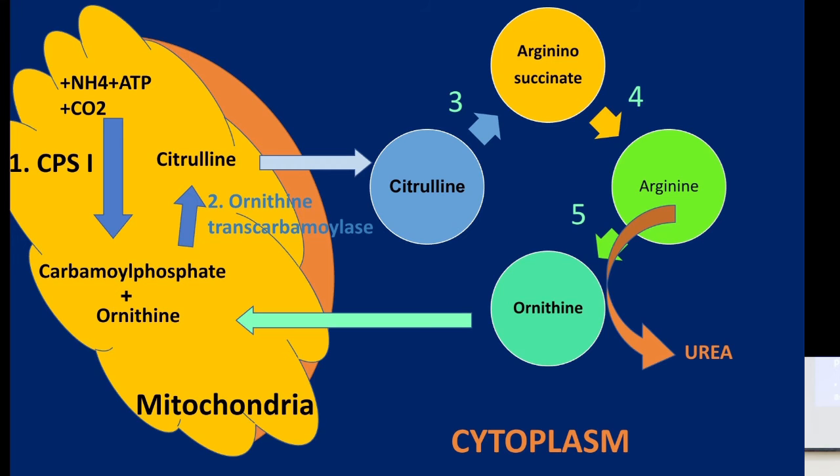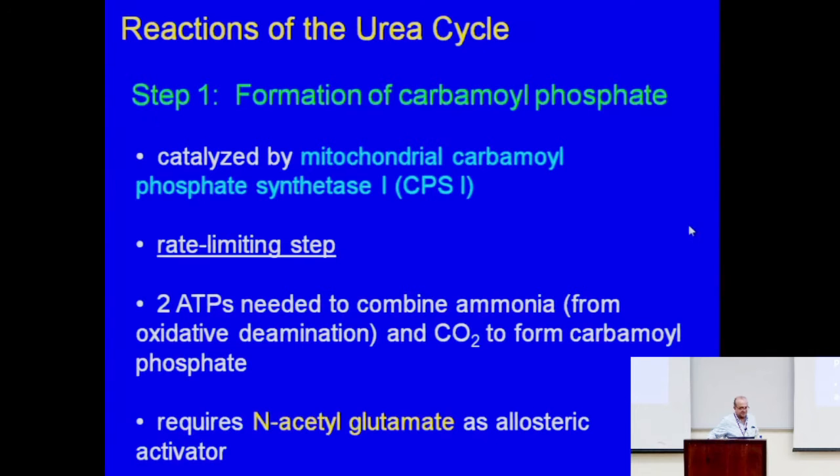So the first enzyme is really by far the most important enzyme, and that's the enzyme that's regulated. It's regulated by an allosteric molecule. N-acetyl glutamate is the allosteric activator of carbamoyl phosphate synthase 1.